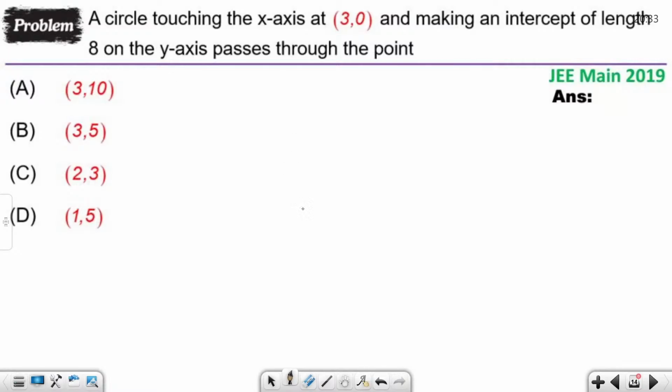Okay, a circle is touching the x-axis at, let me just draw the diagram first. Let us say this point is (3, 0) and this length is 8 units.